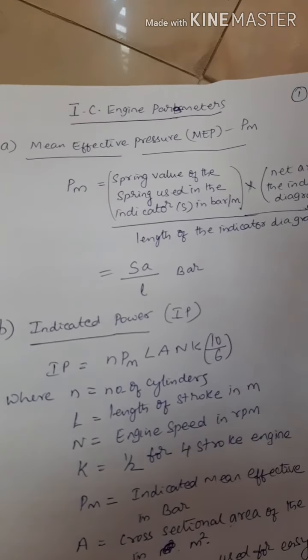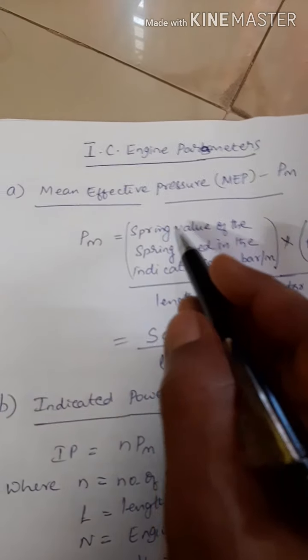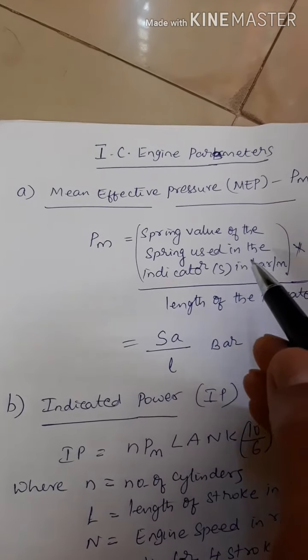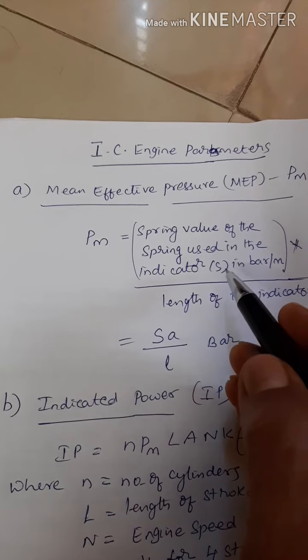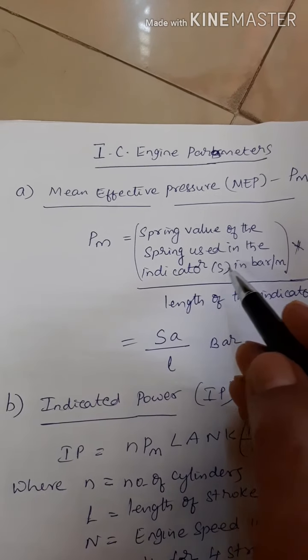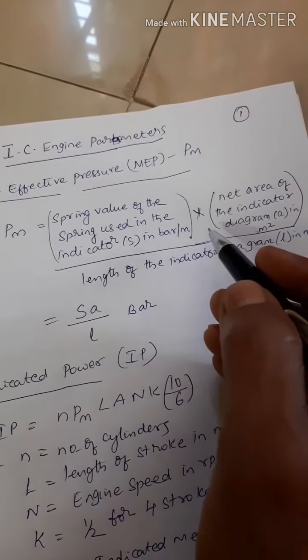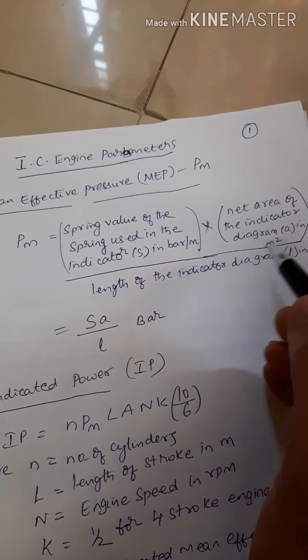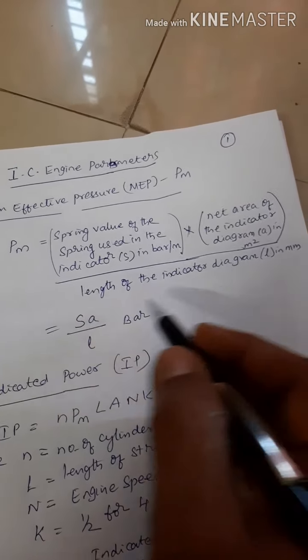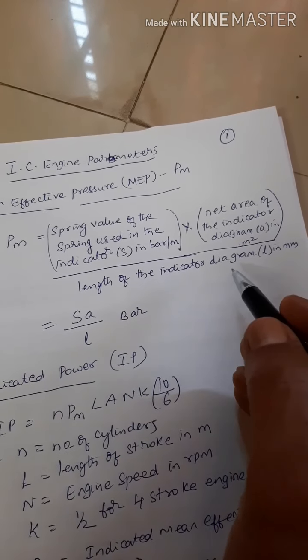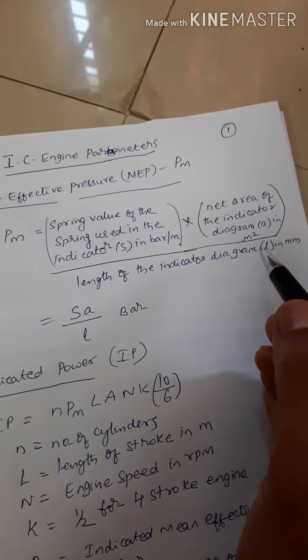So this is the equation: PM is equal to S into A by L. S is the spring value of the spring used in the indicator, in bar per meter, multiplied by A, the net area of the indicator diagram in meter square, divided by L, the length of the indicator diagram in mm.